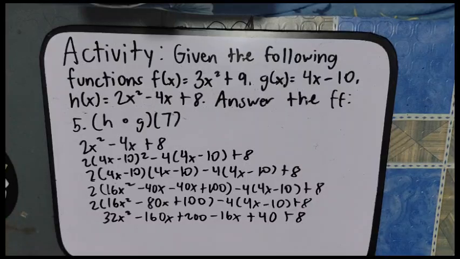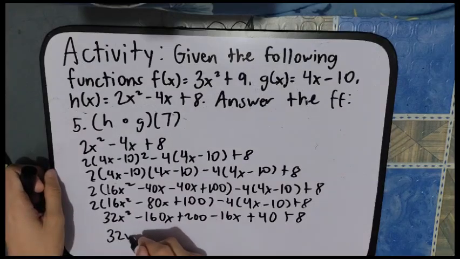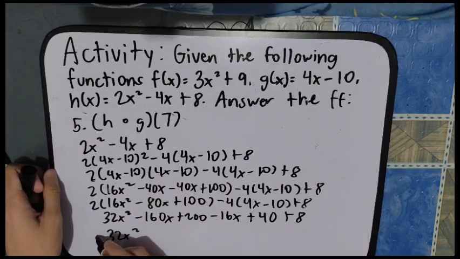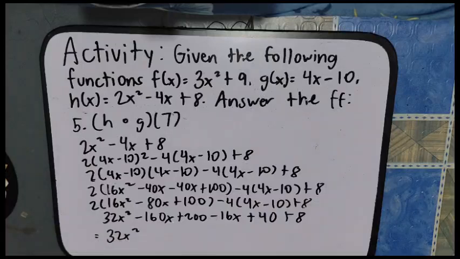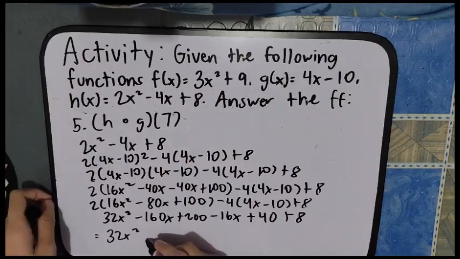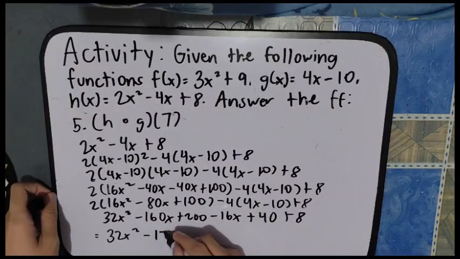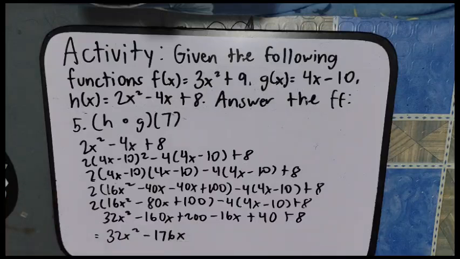And then we're just going to combine like terms. So copy 32x squared, and we're going to combine negative 160x with negative 16x. Their answer will be negative 176x. And then we're going to combine 200 with 40 and 8.